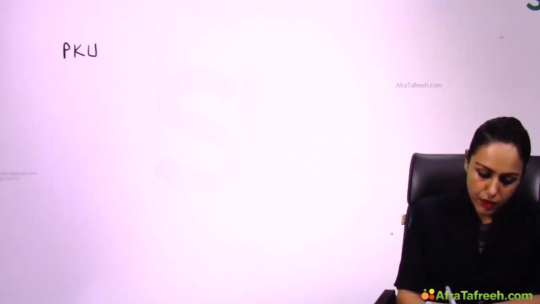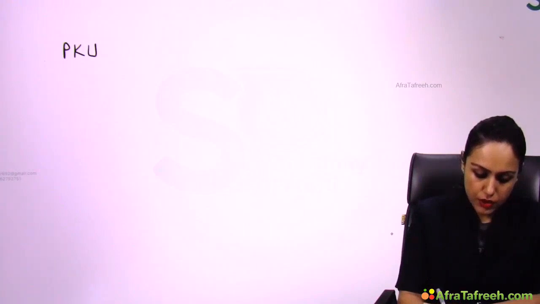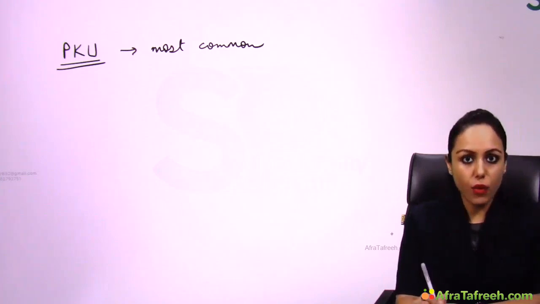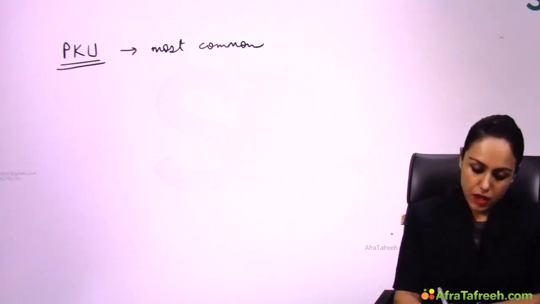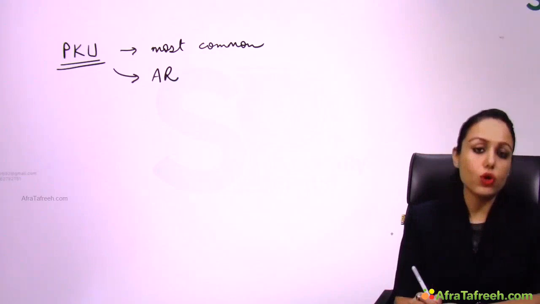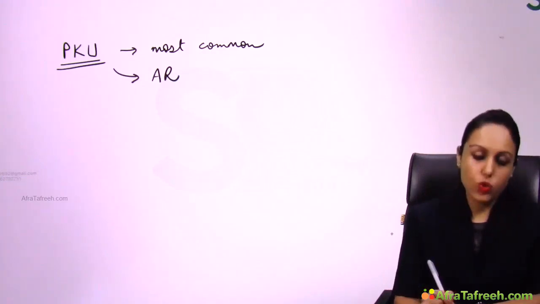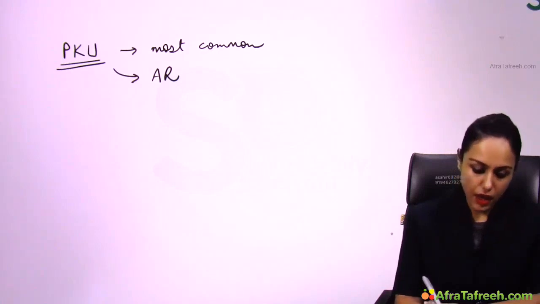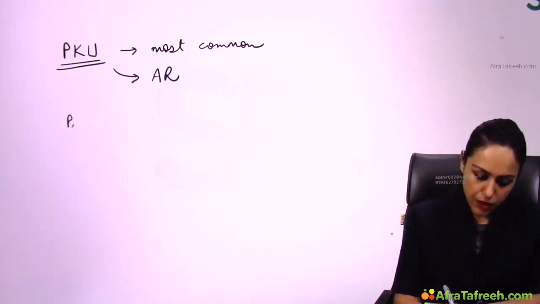Classic phenylketonuria, PKU. This is the most common metabolic disorder of amino acids. This phenylketonuria is autosomal recessive. You know the enzyme deficient is phenylalanine hydroxylase, and here which reaction is not occurring?